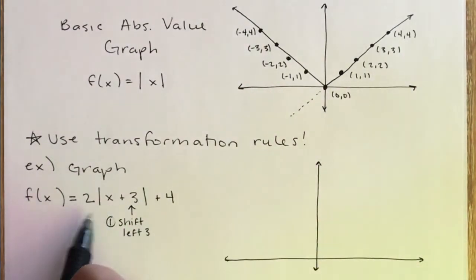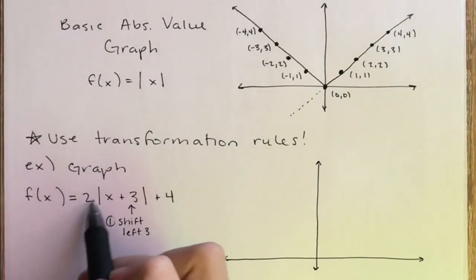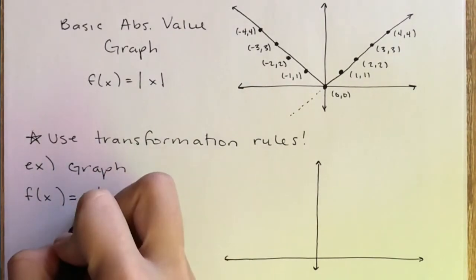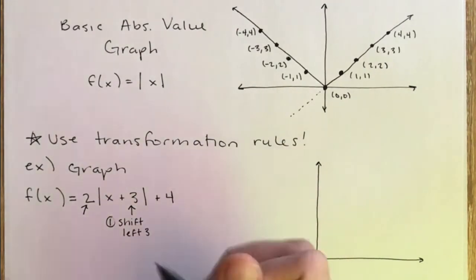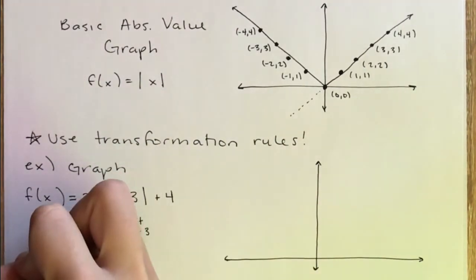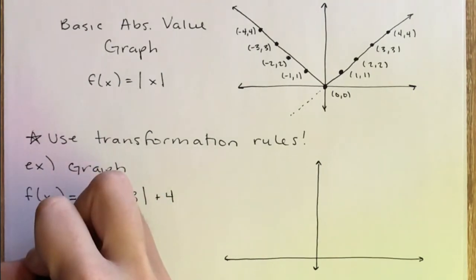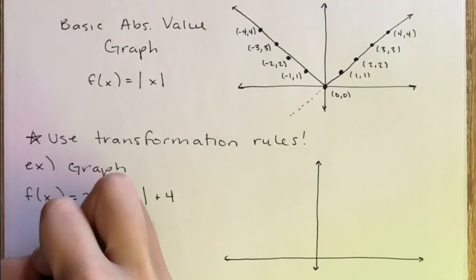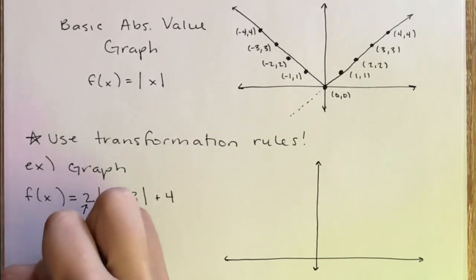All right, then after parentheses, there's no exponents, we have multiplication. Multiplication is this guy. What does multiplying by 2 on the outside, something greater than 1 on the outside, do? Well, this is going to be a vertical stretch by 2.